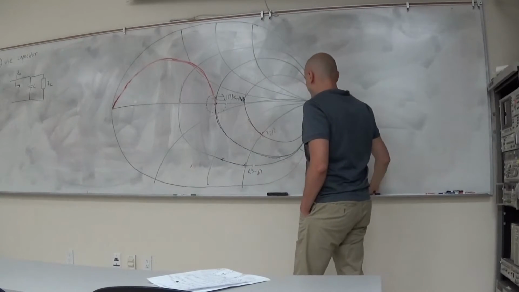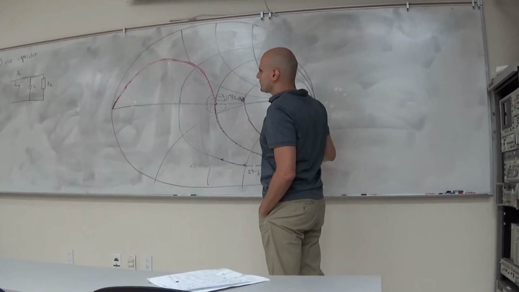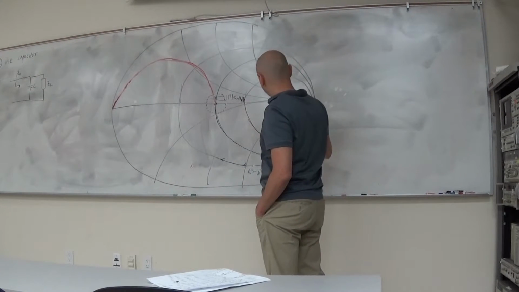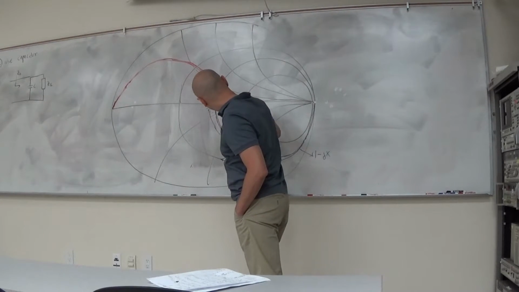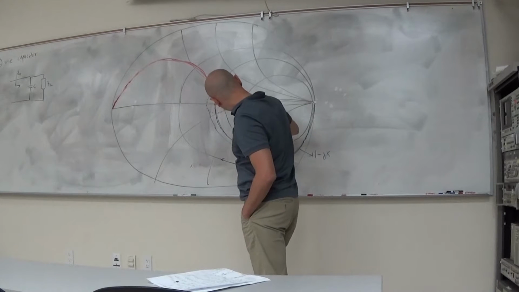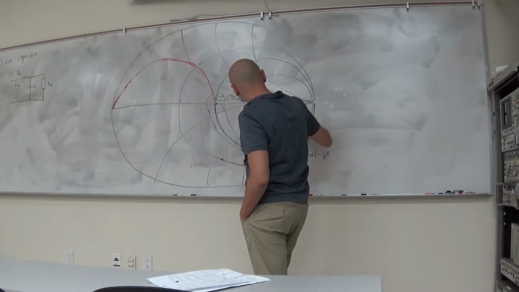So that means that my allowable ZL for the first example here, where I'm using an inductor, is actually not a thin line, but kind of a region here.